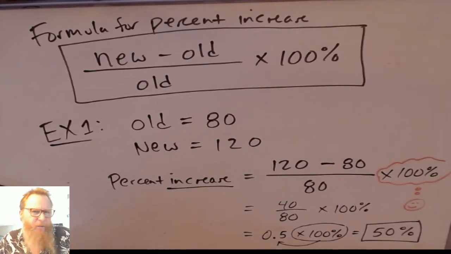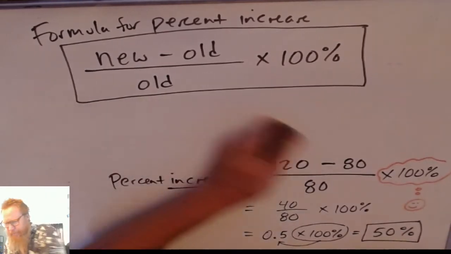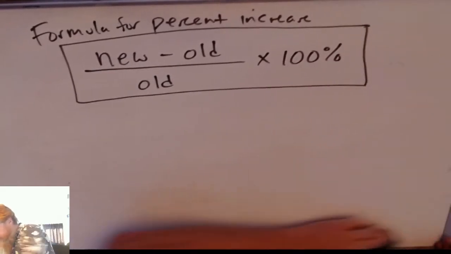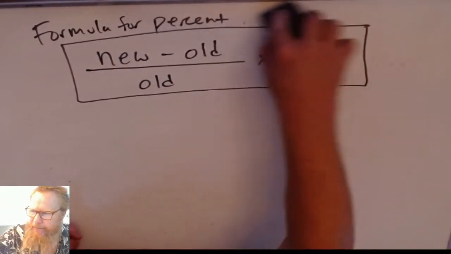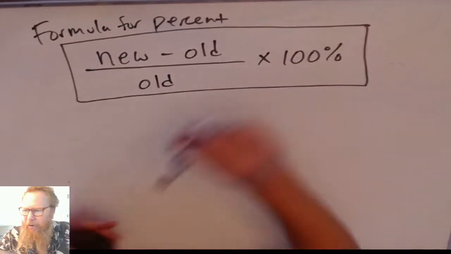Well, prices or things, doesn't have to be a price, but objects, items, values often go down, right? So that would be percent decrease. Now, percent decrease is the same formula.